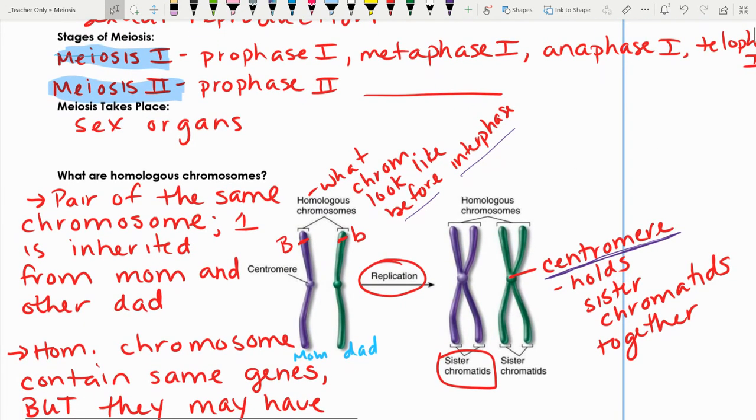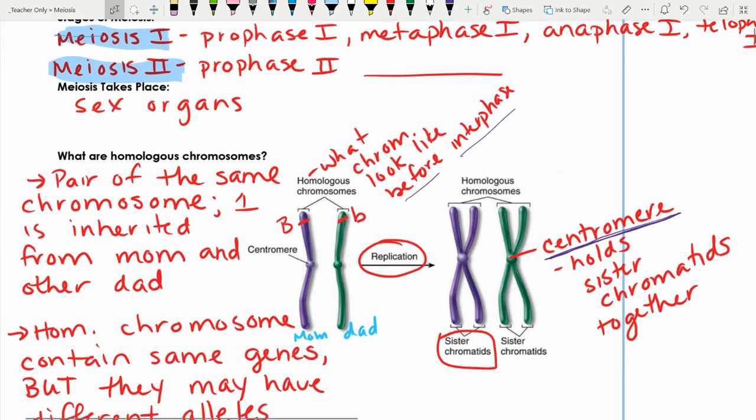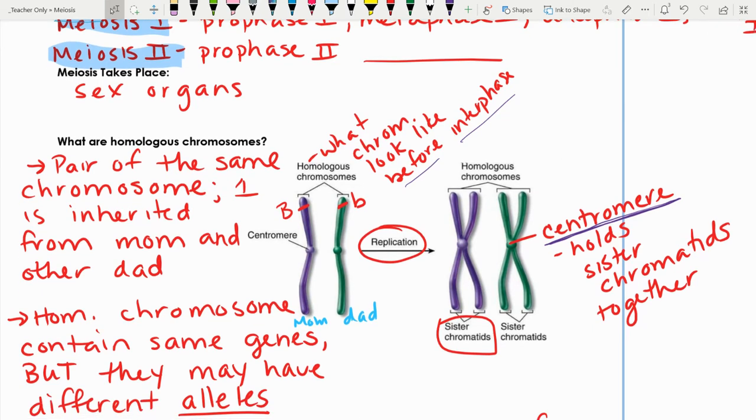Looking a little closer at the homologous chromosome, keep in mind one came from mom, one came from dad. So what is different about them? They are the same in the sense that they contain the same genes, but what is different is they may have different alleles. Go ahead and pause if you need to catch up.